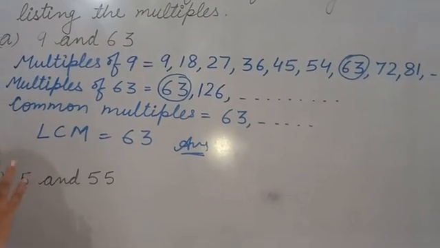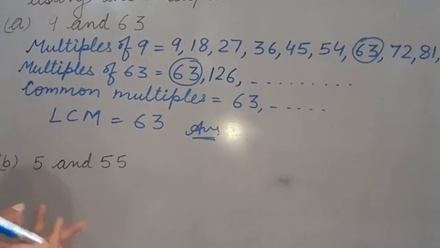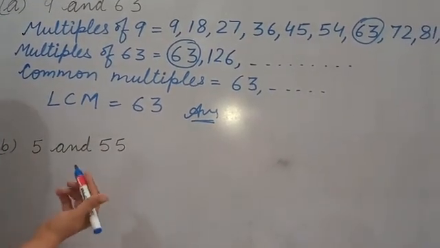Okay. Next is part B, 5 and 55. Again, first of all we should write the multiples, then we find the common, and then we write the LCM.